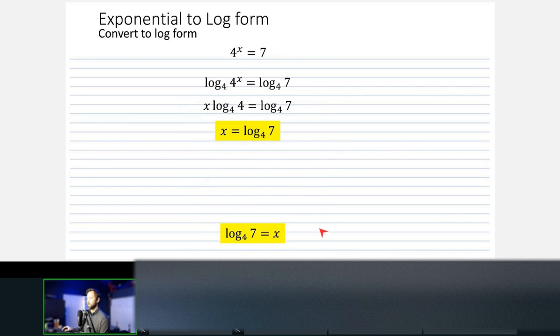On your test, they may have it written just backwards like this, which is obviously the same answer. I think this way, if you use the formula, just because that's how they have it in the formula, backwards like this, same thing though.